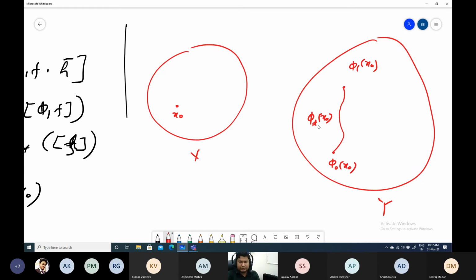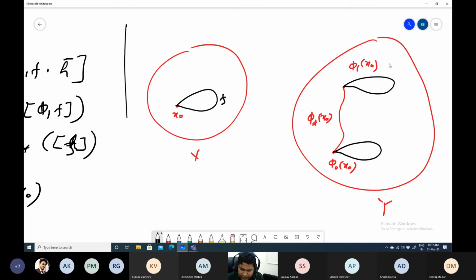Now, whenever you have a loop, so this is my loop, so that was my f. So under the map phi 0 we will get this, under the map phi 1 we will get this one. So this is actually your phi 1 f and this is actually your phi 0 f.